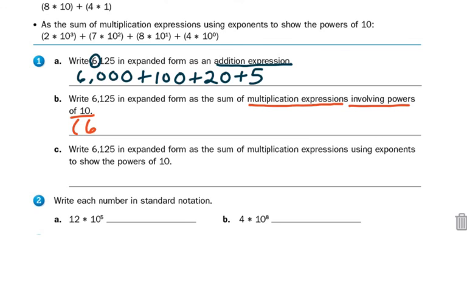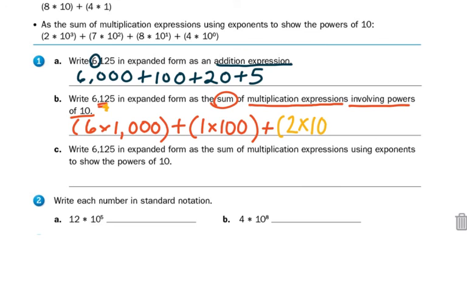So 6 times 1,000, and then the sum, so I'm going to add together this multiplication, 1, which is in the hundreds place, plus the value of the 2, which is a 2 in the tens place, and lastly the 5, which is in the ones place.